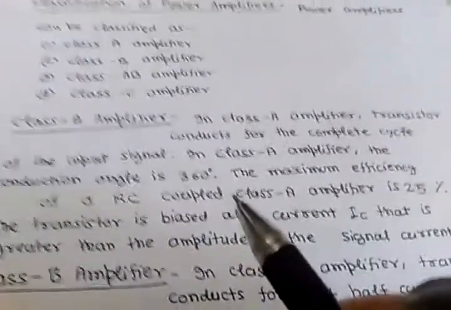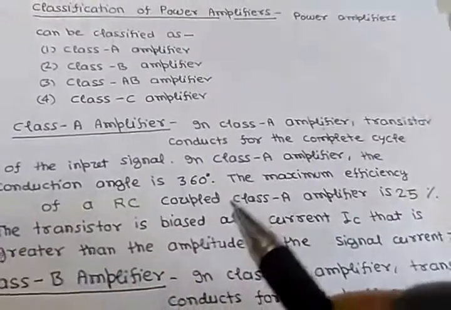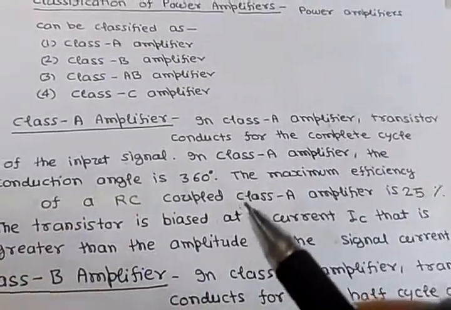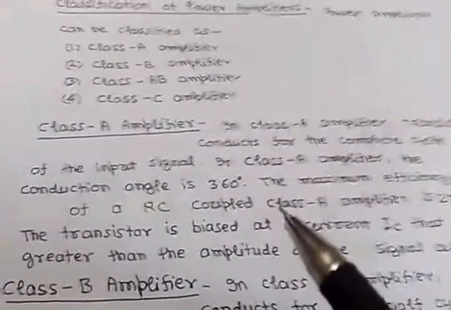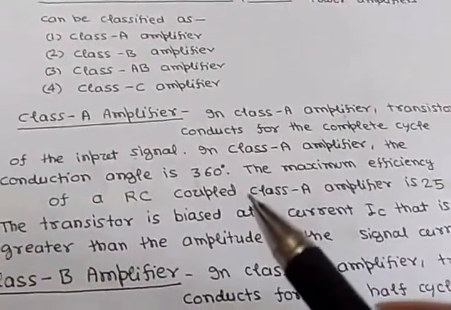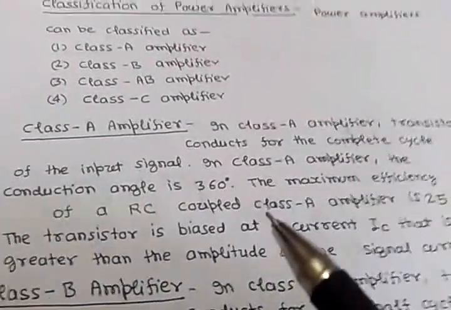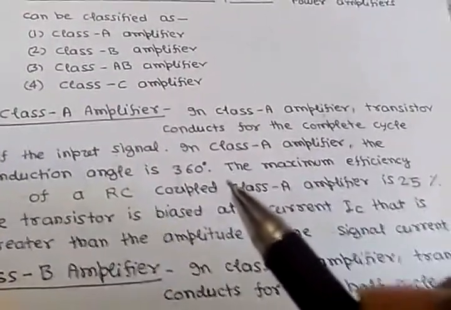Then in class A amplifier, during the complete input cycle, emitter base junction will be forward biased and collector base junction will be reverse biased. So collector current will flow for the complete cycle of the input signal. It means in class A amplifier, the conduction angle is 360 degrees. The transistor will conduct for the complete cycle of the input signal.